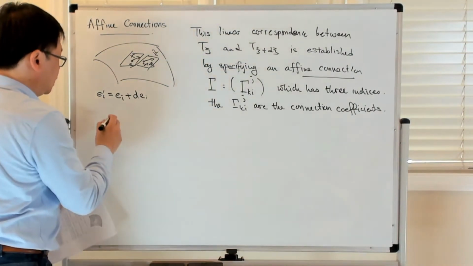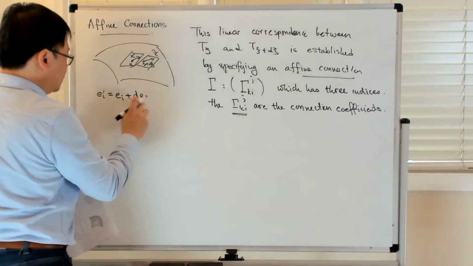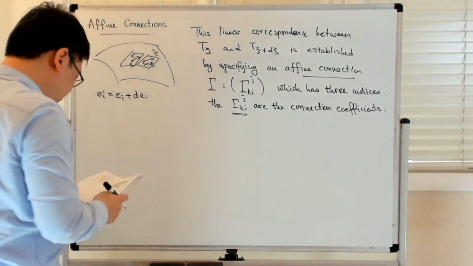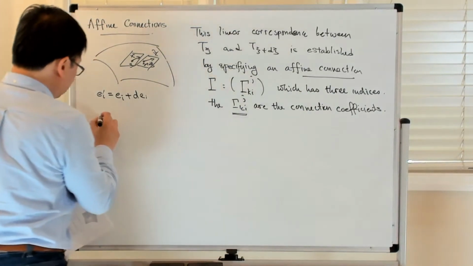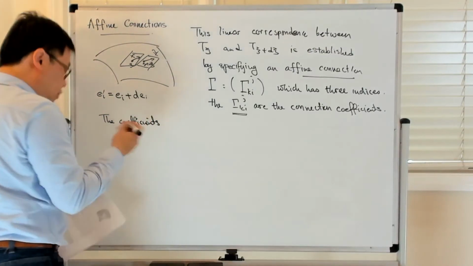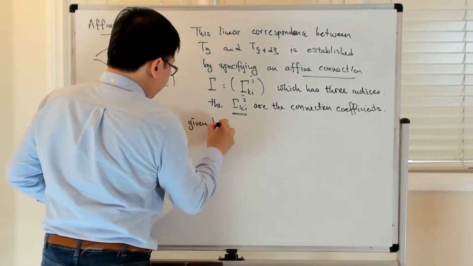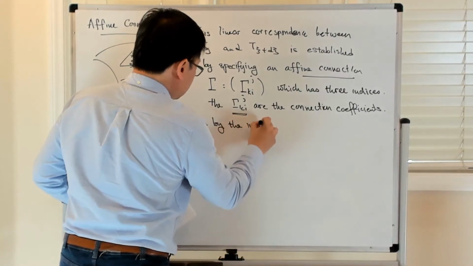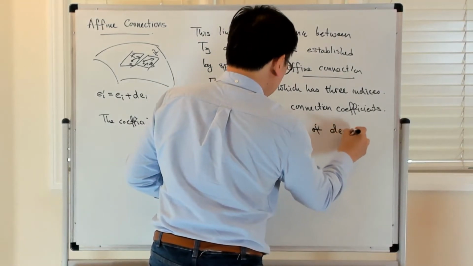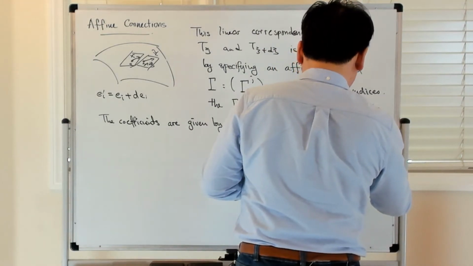It turns out you can express these connection coefficients in terms of inner products between this perturbation and the basis vectors. So the connection coefficients are given by the inner product of d e_i and e_m as follows.